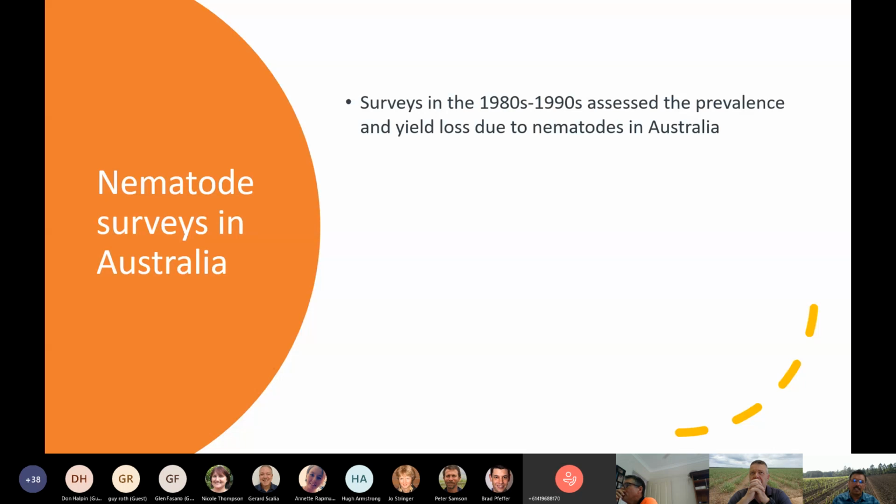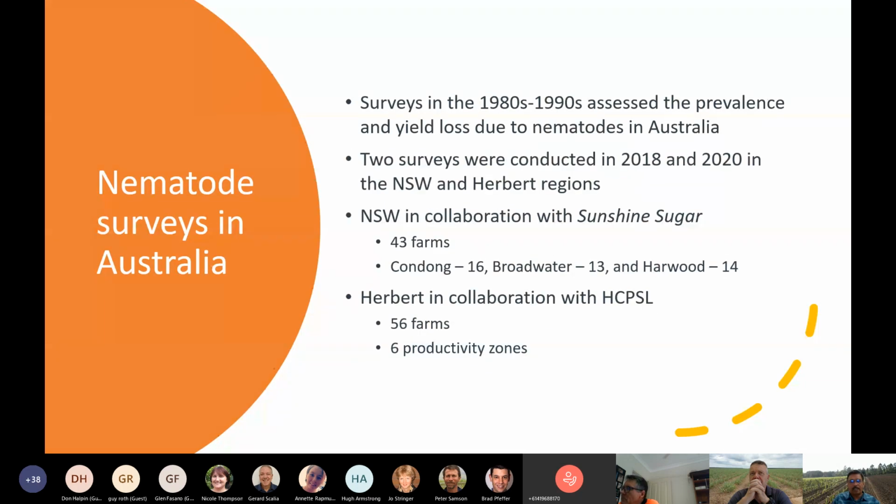For the first time they found that nematodes are a problem for the Australian sugar industry, and are present almost everywhere across the sugar industry. They also estimated a yield loss, showing it can cause substantial damage and impact productivity. But we were thinking, what can we do?